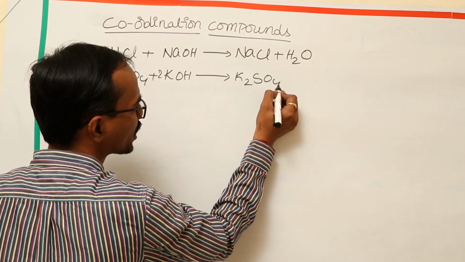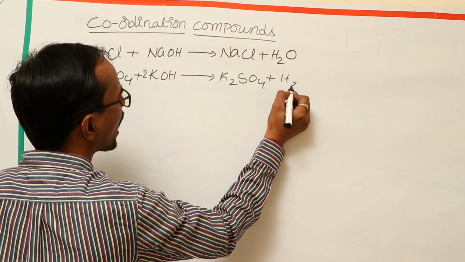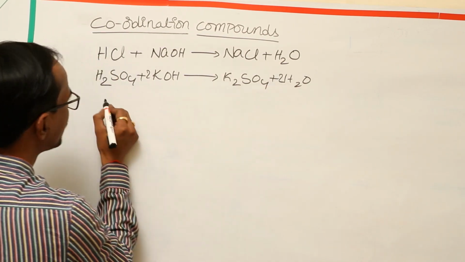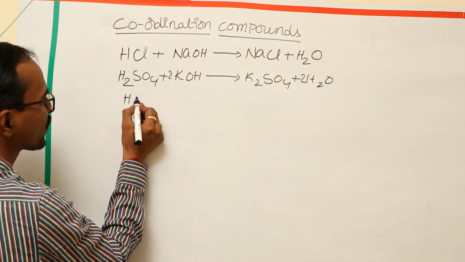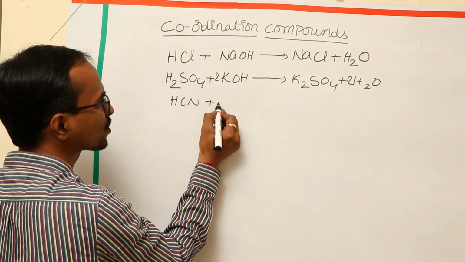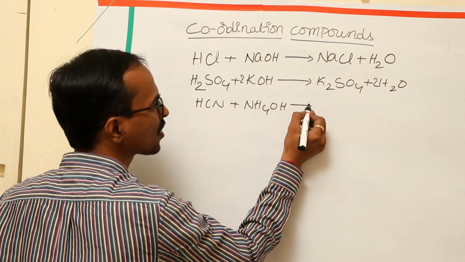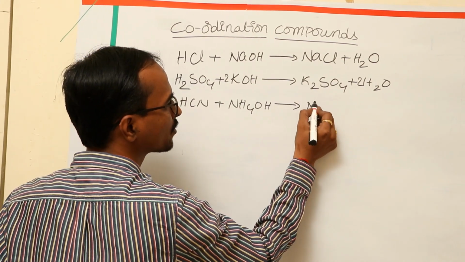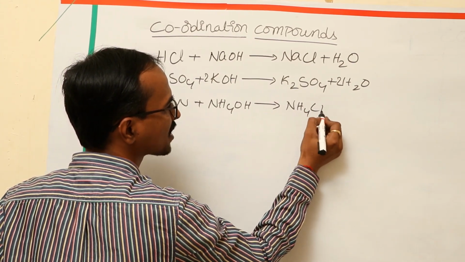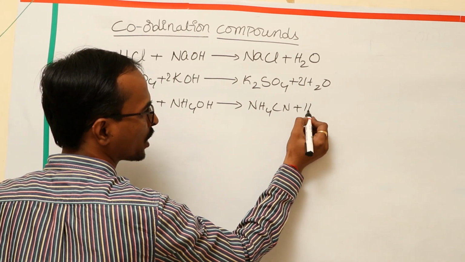And let us take another weak acid, HCN. If hydrogen cyanide reacts with a weak base, ammonium hydroxide, that forms a salt, ammonium cyanide, as well as water.